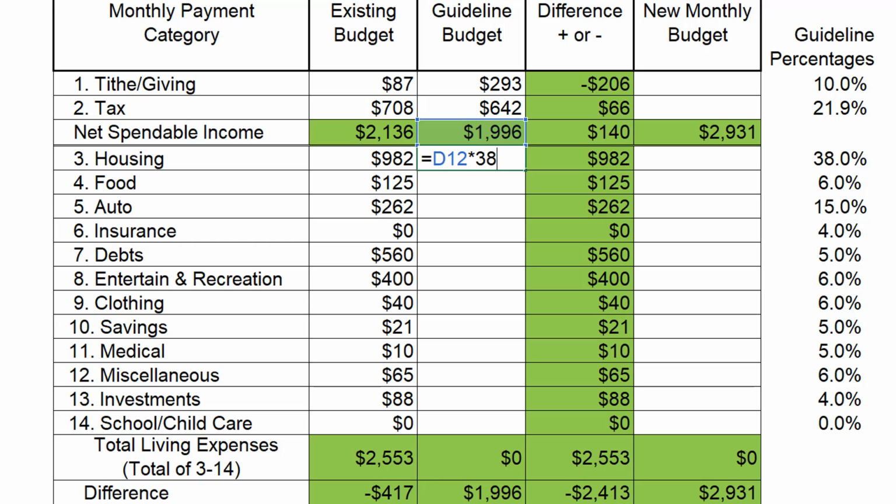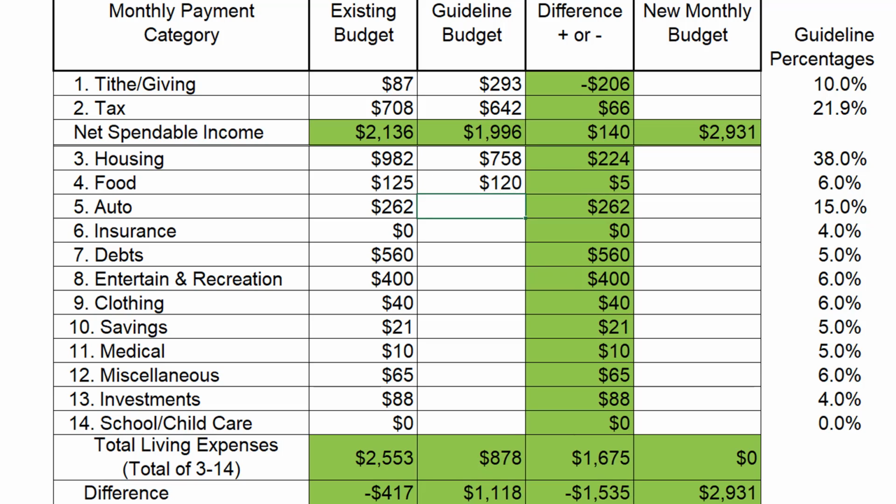Type in 38% and press enter again. Again, please note that the 38% is in the column to the right of the schedule on this line. The result is $758. In the guideline spending plan column across from food, the same formula is used except for using 6% rather than the 38%.